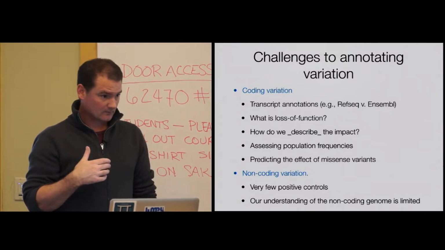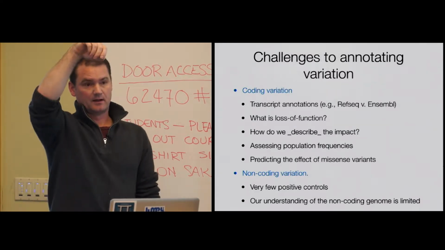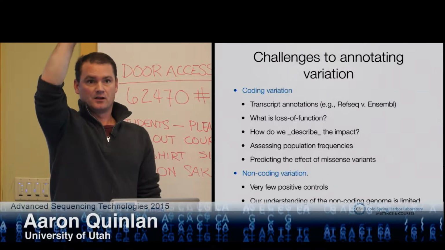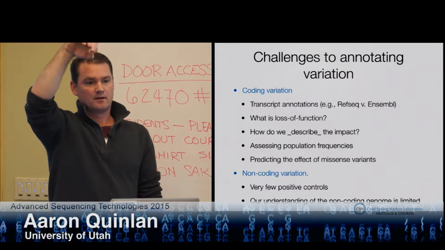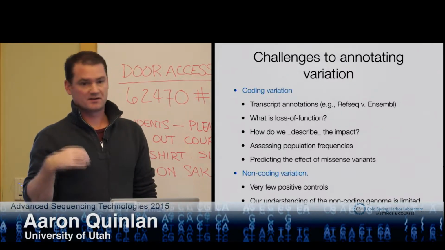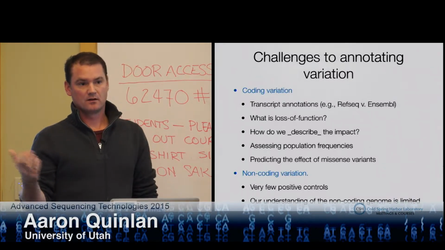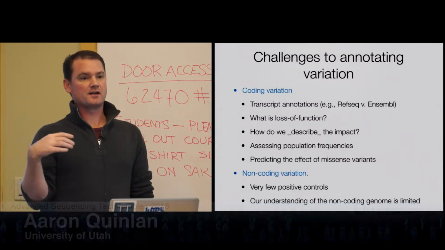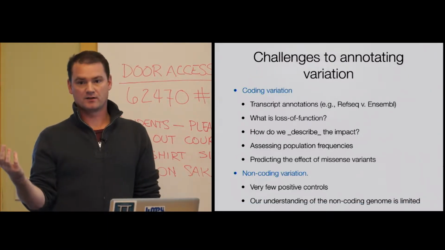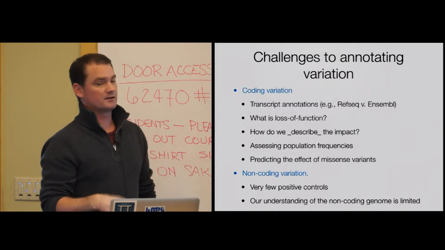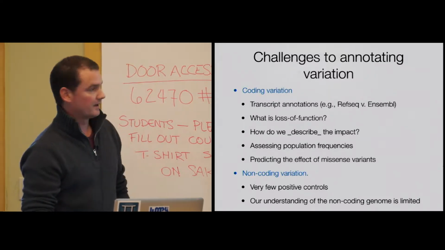If the position overlaps an exon that is skipped in some isoforms, then any change in that exon doesn't affect those isoforms, but it does potentially affect the isoforms that include the exon.